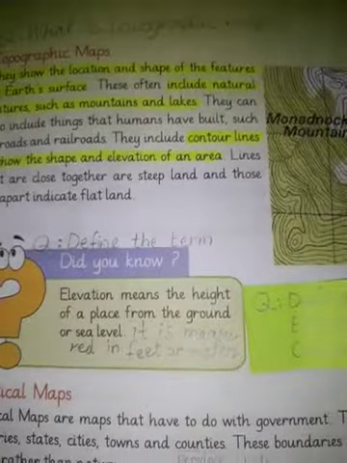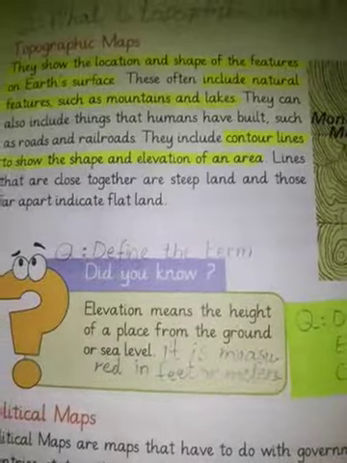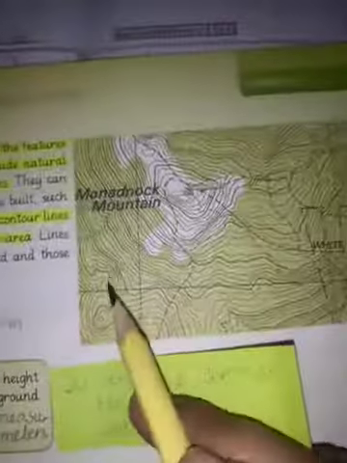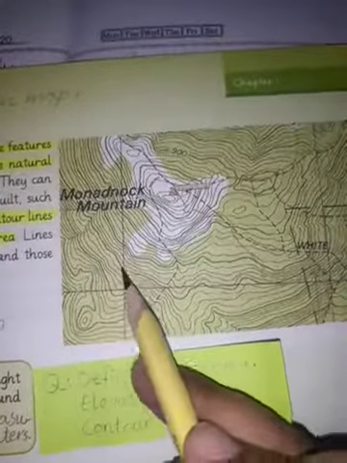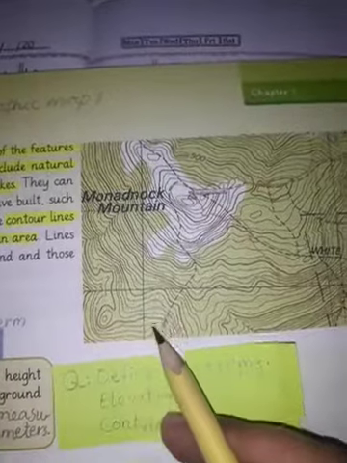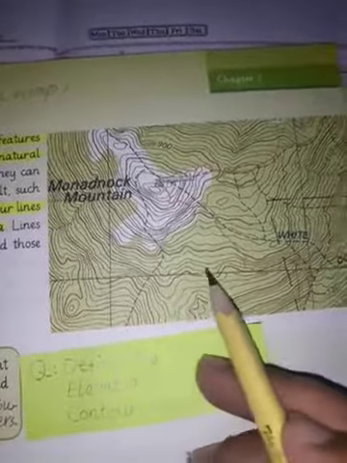And what are the contour lines? Contour lines are the fine lines, the squiggly lines on a topographic map, and they show the elevation. These lines show the elevation. All of these squiggly, twisting, wavy lines are showing us the elevation.